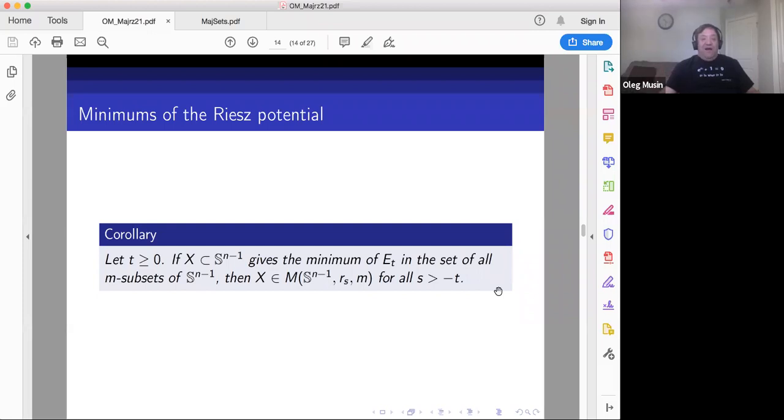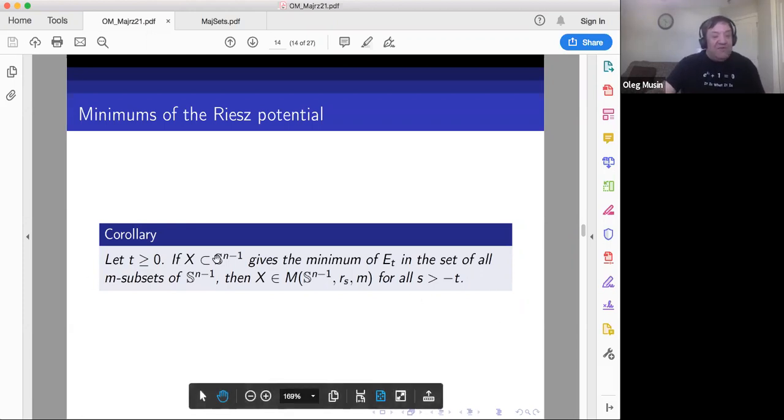Now, to the main theorem: how to compare? We already defined how to compare minimums of Riesz potentials, like considering the set of all minimums of the Riesz potential for a given t, and which M set it belongs to.